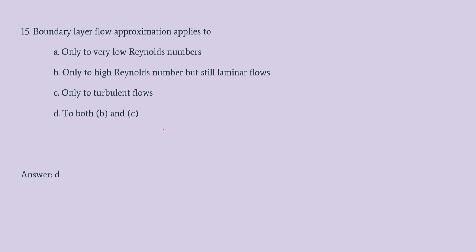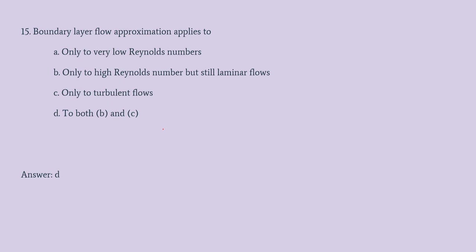So for very low Reynolds numbers, where the flow velocities are very low, we don't have to approximate the boundary layer, because the boundary layer will be so large at very low Reynolds numbers. We need to approximate the boundary layer somehow to calculate the flow properties in the other region.